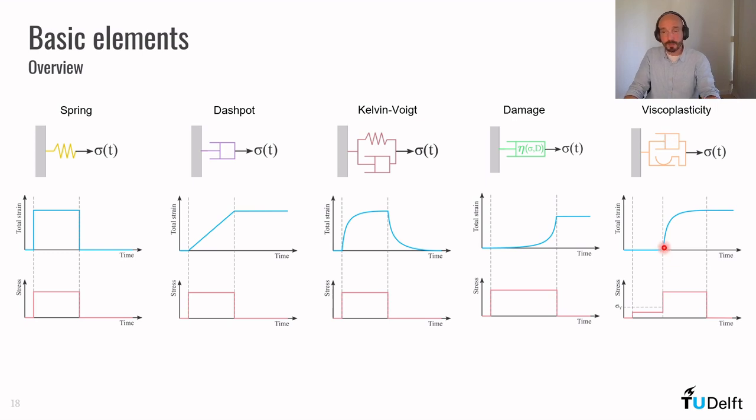And we can model this such that the movement of this dashpot will be like this. How can we do this? We can think of the viscosity of this dashpot to be proportional to the distance between the stress and the threshold.